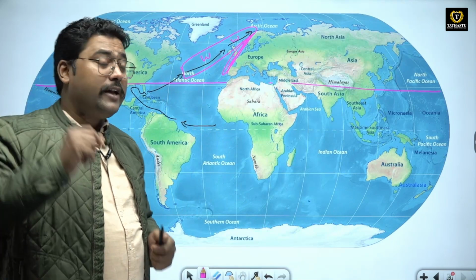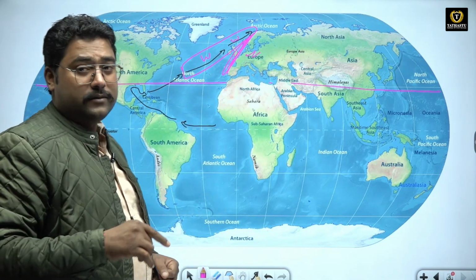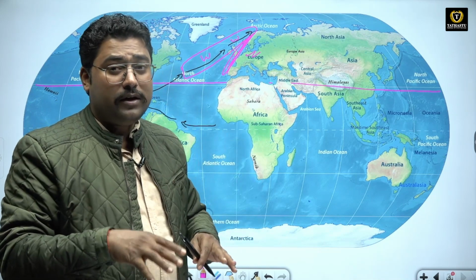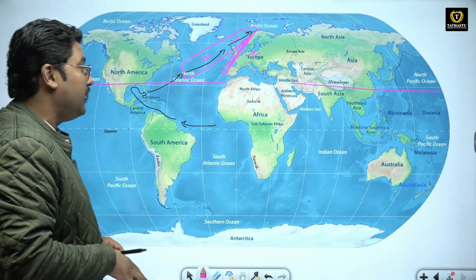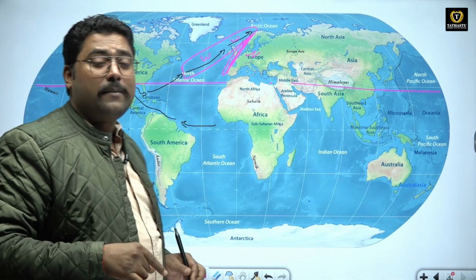Now you can notice that the latitudinal effect again is being lowered, and the ocean currents are determining the temperature of those local places.